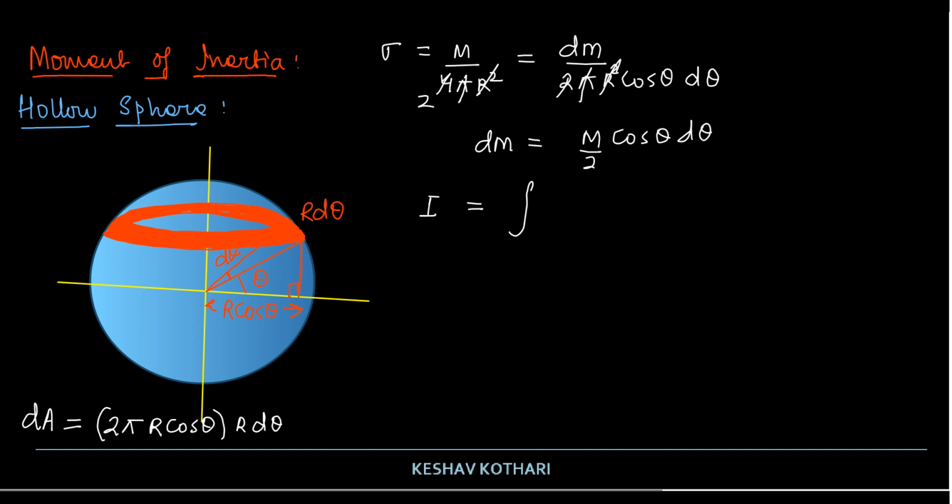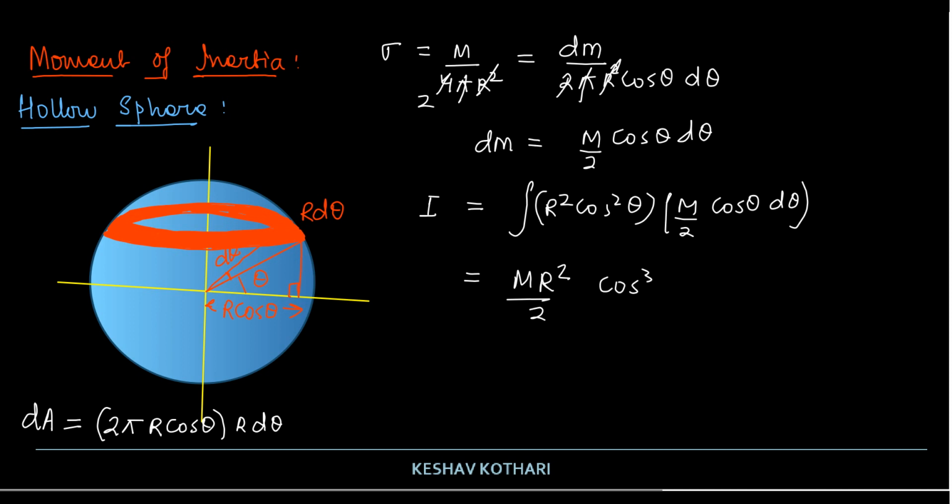So for r square we are using this r cos theta value, that is r square cos square theta times dm, that is m by 2 cos theta d theta. And hence the expression is turning out to be mr square by 2 cos cube theta d theta, and the limit of integration will be from minus pi by 2 to plus pi by 2.